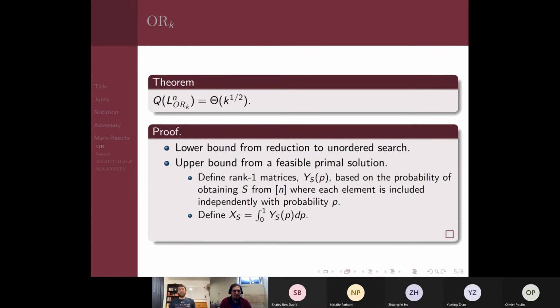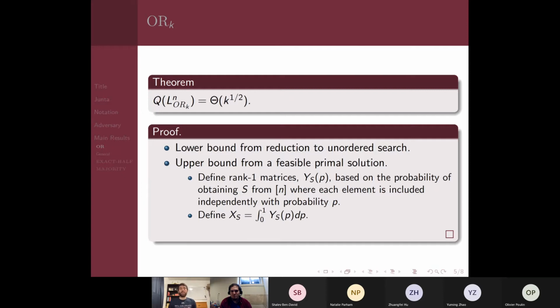So the first thing we wanted to show was that the quantum query complexity of the OR sub k function in this kind of junta model is theta of k to the 1/2. And this had been somewhat shown before, at least bounds had been put on this by a paper by Ambainis, where it was between k to the 1/2 and k to the 1.